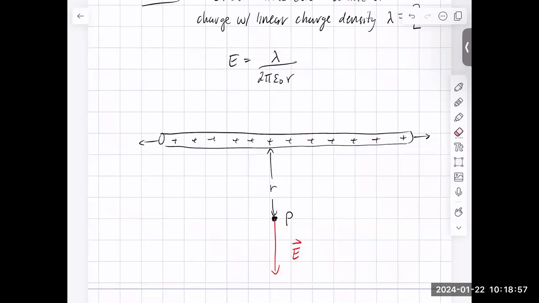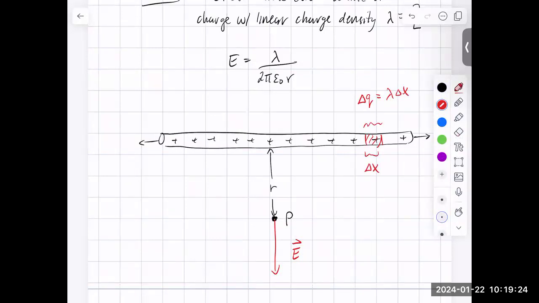And remember, the way we thought about doing this is by selecting a particular piece of the rod, figuring out what its charge was. Say delta Q is going to be the charge per unit length times, say, delta x, where delta x is the size of the chunk of rod that we picked.